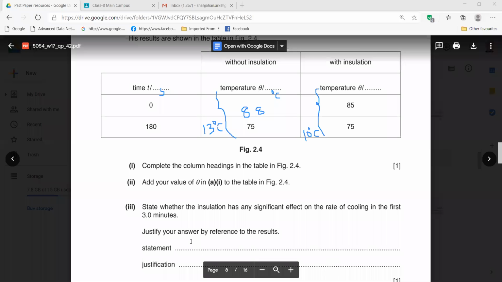This statement, what should be the statement? Can you tell me? Yes, there is a significant effect. Then we are making it shorter. Here we are writing, the statement should be short: with insulation, less temperature fall.